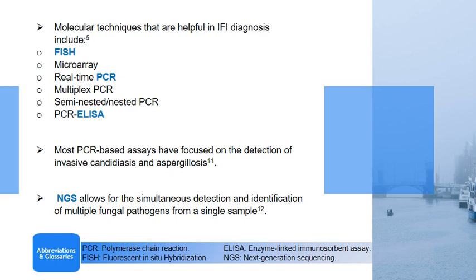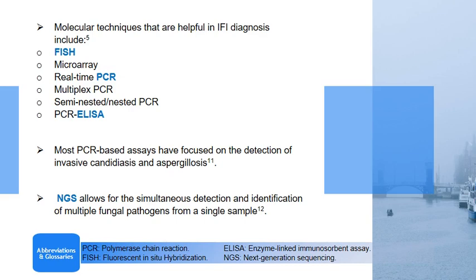Molecular techniques that are helpful in invasive fungal infection diagnosis include fluorescent in situ hybridization, microarray, real-time PCR, multiplex PCR, semi-nested and nested PCR, or PCR enzyme-linked immunosorbent assay. However, most PCR-based assays have focused on the detection of invasive candidiasis and aspergillosis until now.